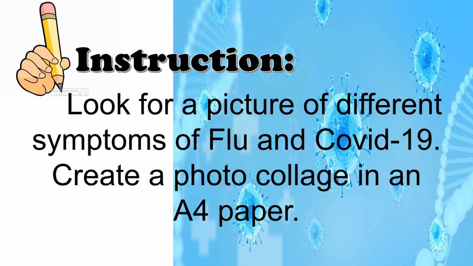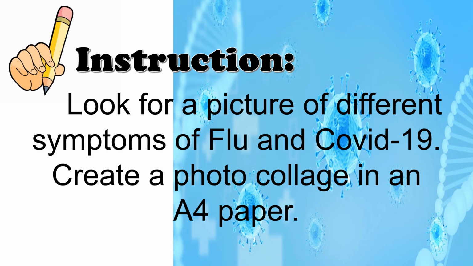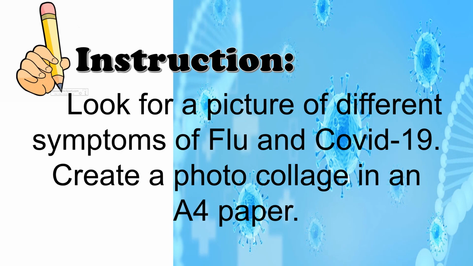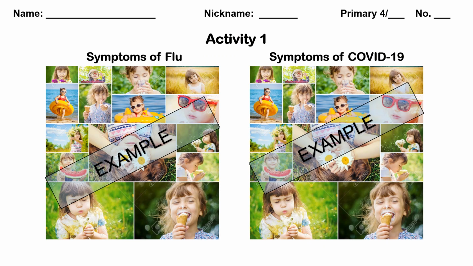You can use an old newspaper or a magazine and create a photo collage on an A4 paper. For your reference, this is how you're going to make your output. Please don't forget to write your name, your nickname, your section, and your number on the A4 paper.